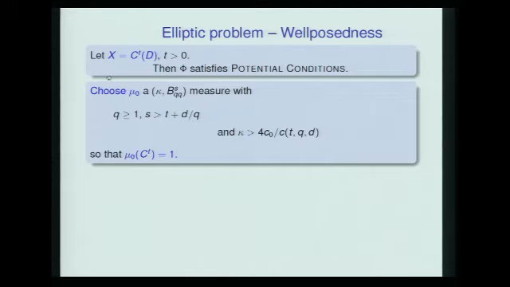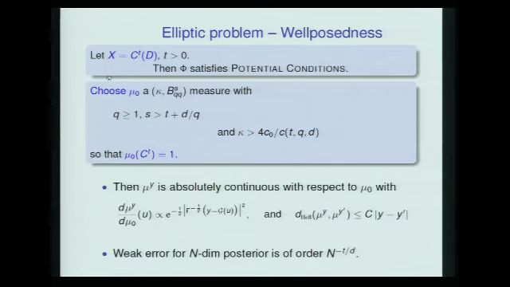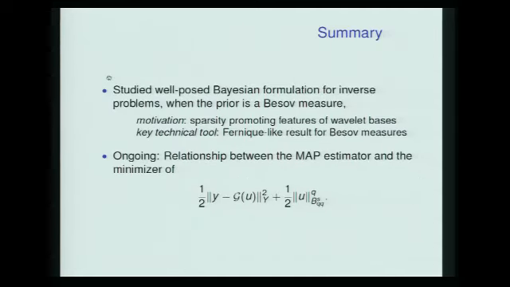So you choose the relevant exponent appropriately, then you get well-definedness. And then it turns out that the weak error for the n-dimensional posterior is of order n to the power of minus t over d as well. And that's all I wanted to say. Thanks very much.